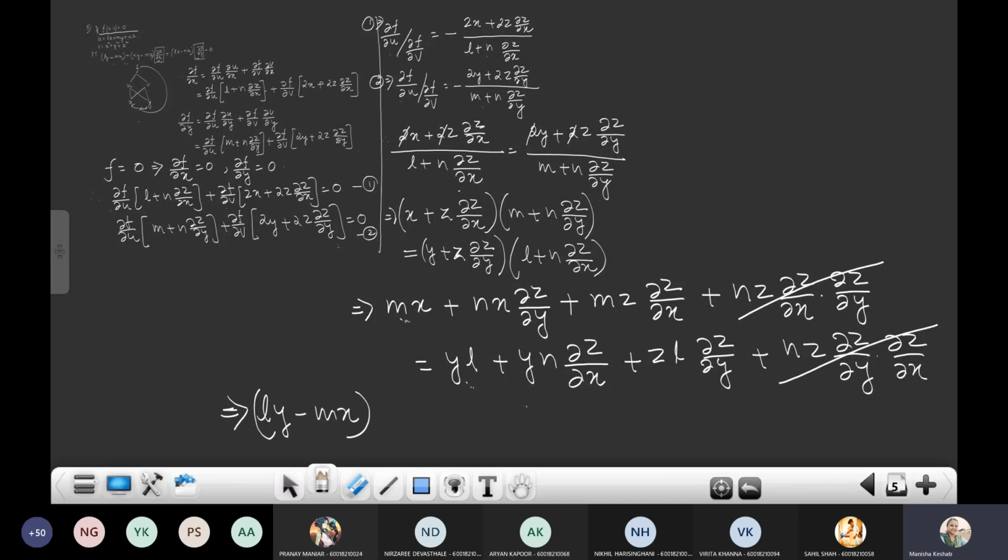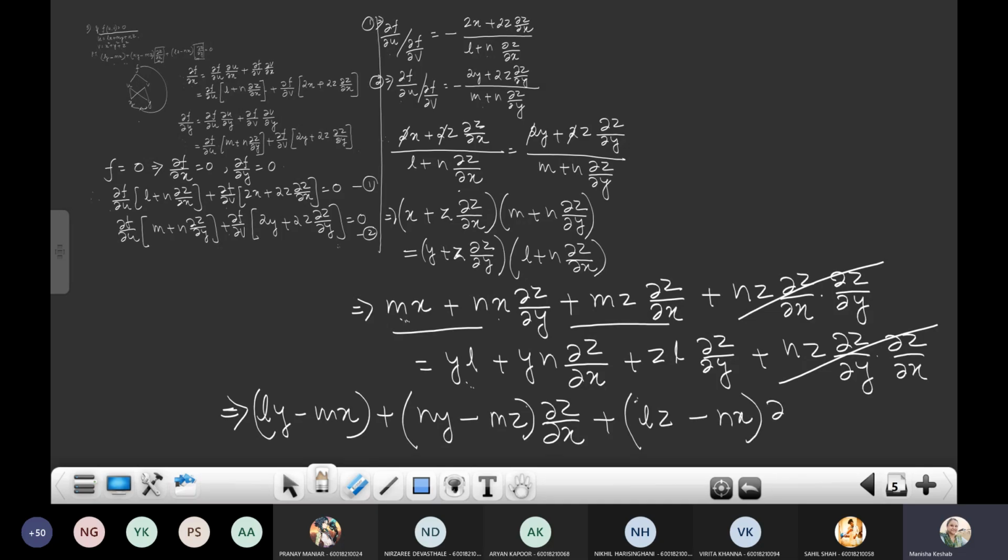Next del z del x का coefficient देख लेते हैं, so del z del x का coefficient we have, ये पूरा का पूरा साइड हम यहाँ पे लेके आ रहे हैं, so n into y, okay, minus m into z del x. Next del z del y का L into z minus n into x del z del y, which is equal to 0. So this is what we wanted to show.